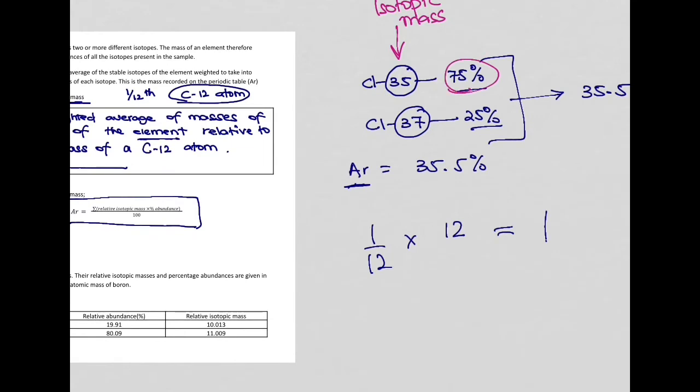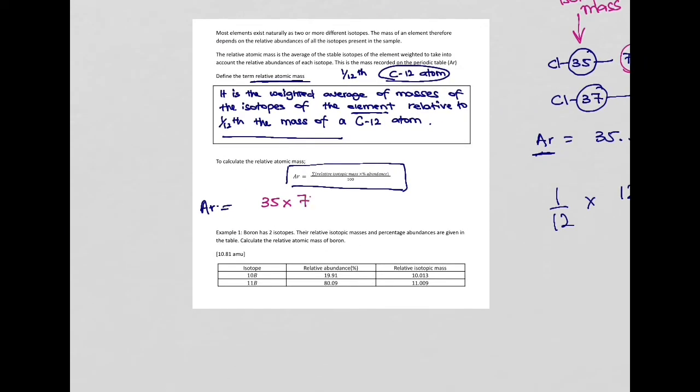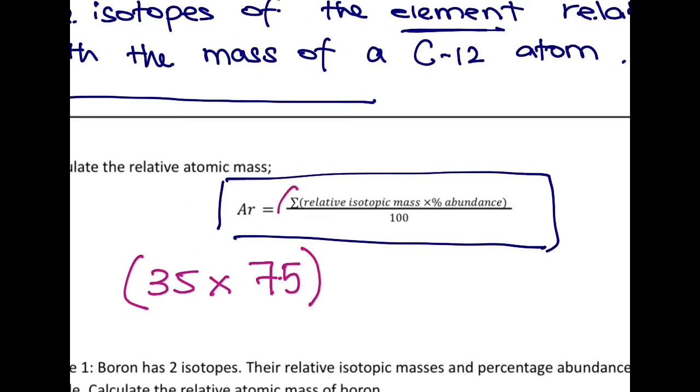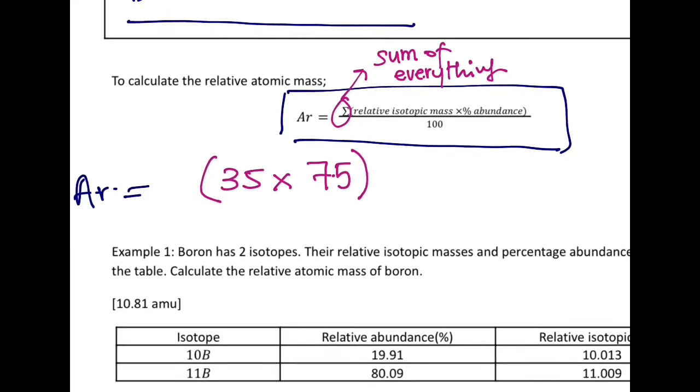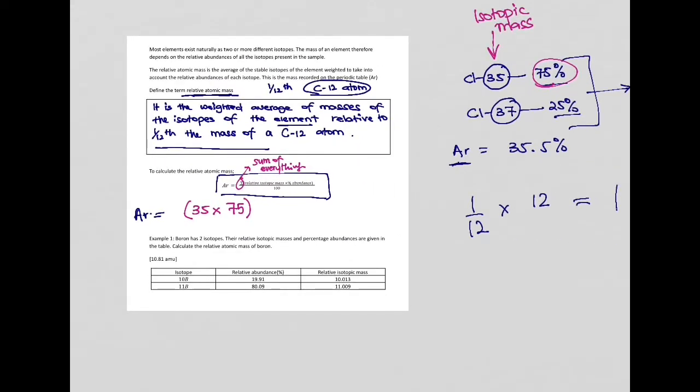Abundance here is 75%. We're going to work in percentages. So here you have that little symbol, which means sum of everything. This is one isotope.